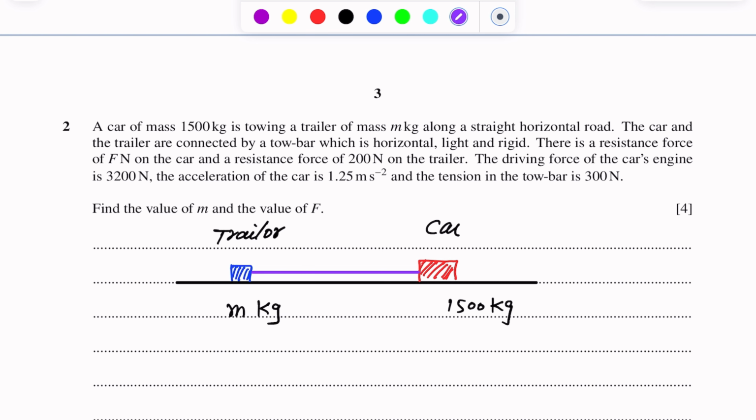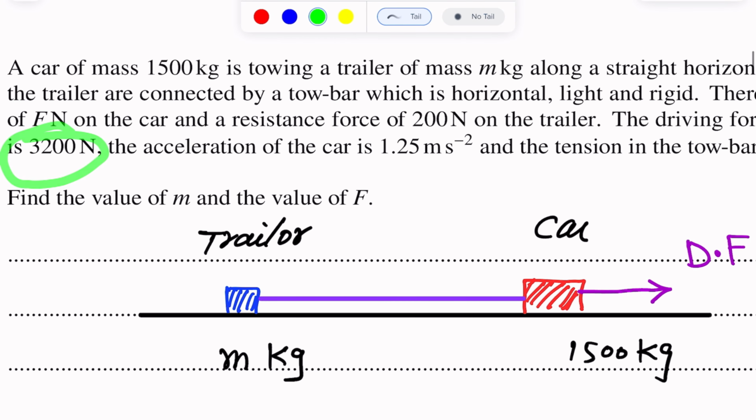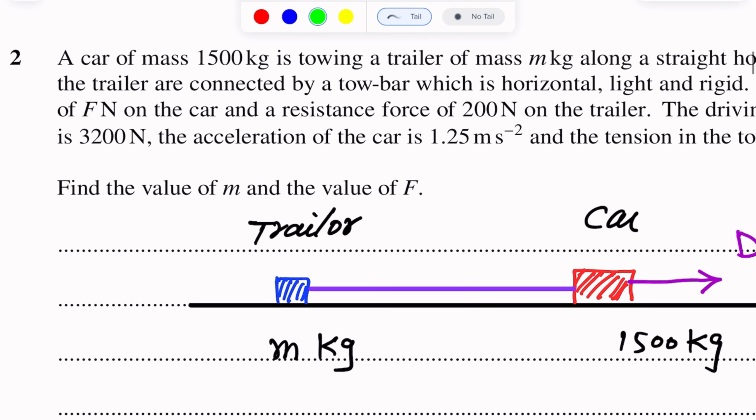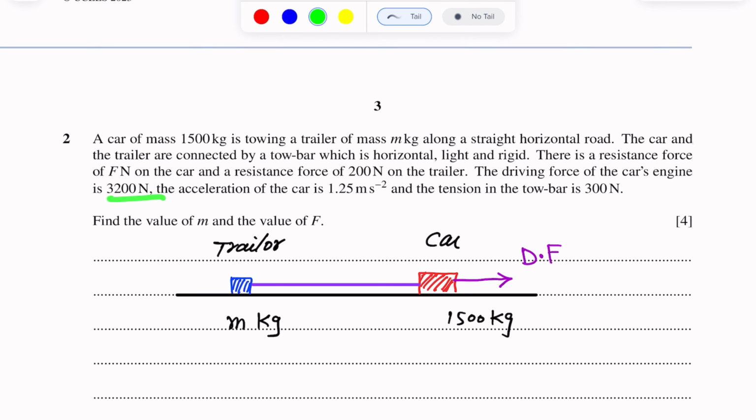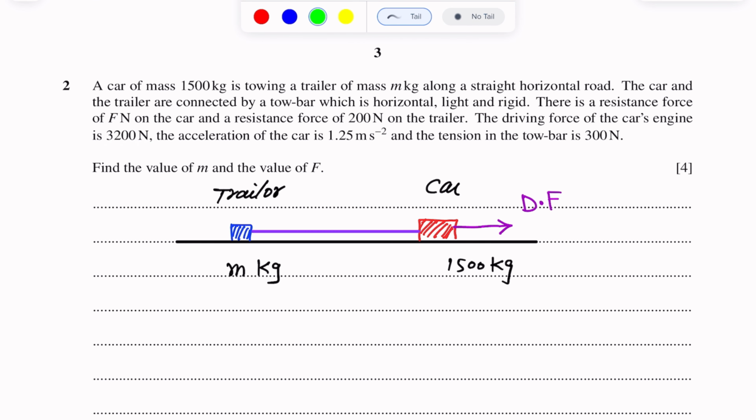Driving force of the car, the driving force of the car's engine, is given as 3200 Newton.